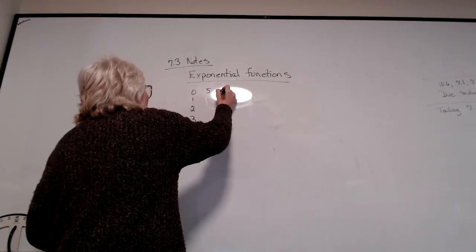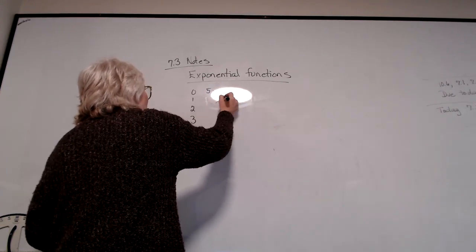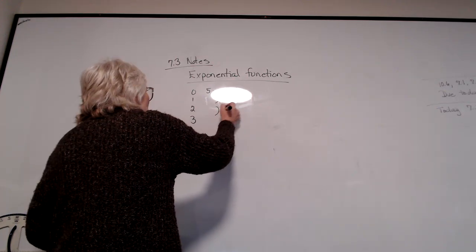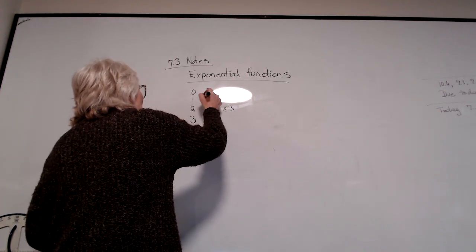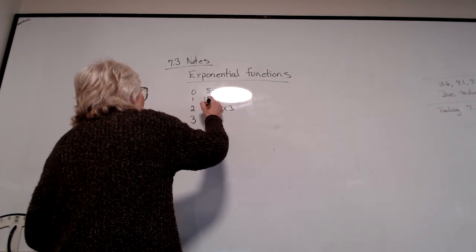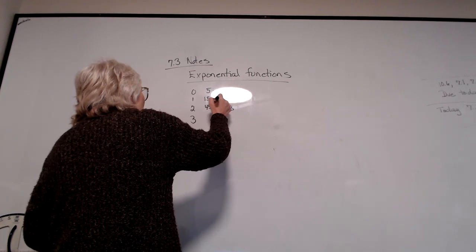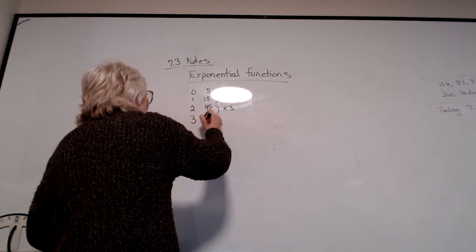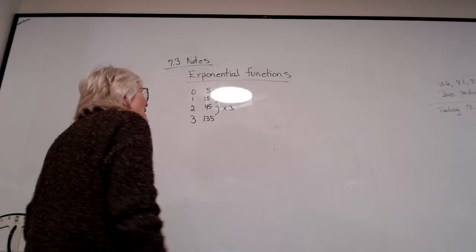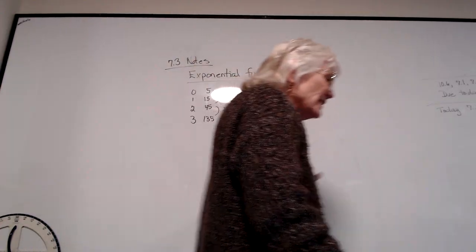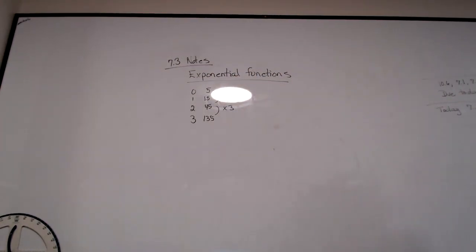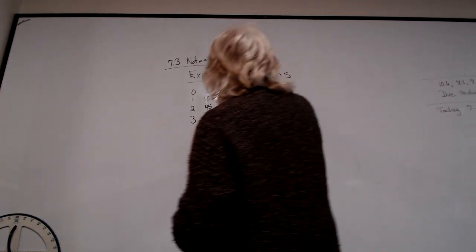If I repeatedly multiply by something, so this is 15, this is 45, and 45 times 3 is 135. We are repeatedly multiplying, going from one to the next. We multiply by a consistent factor. It grows fast. This is a growth function.